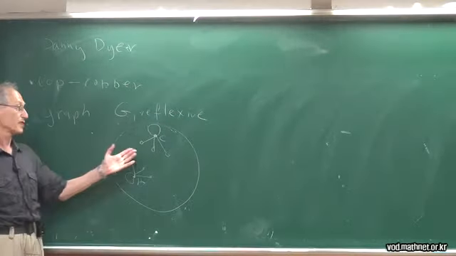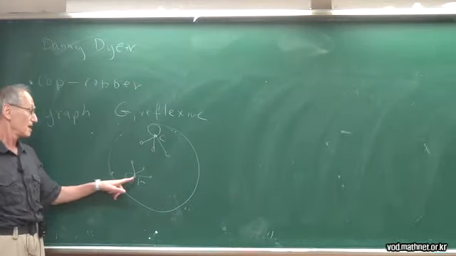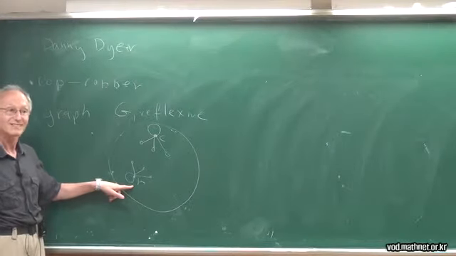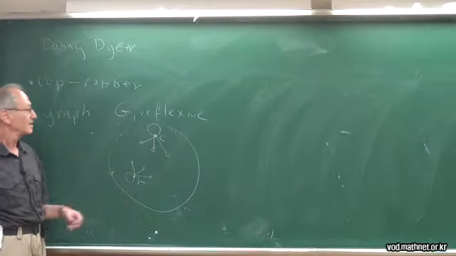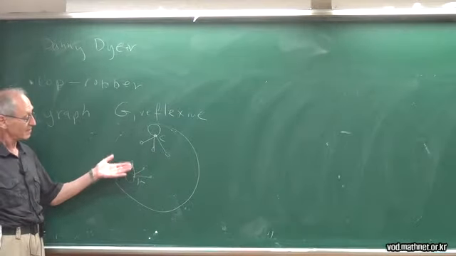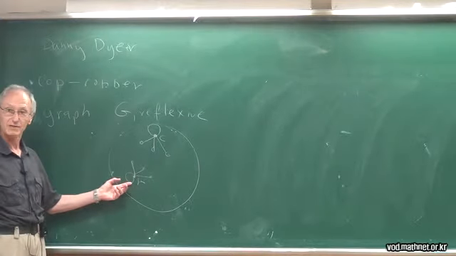And of course, the object of the cop is to occupy the same vertex as the robber. And the object of the robber is to evade the cop. A graph will be called cop win if the cop has a strategy to catch the robber.